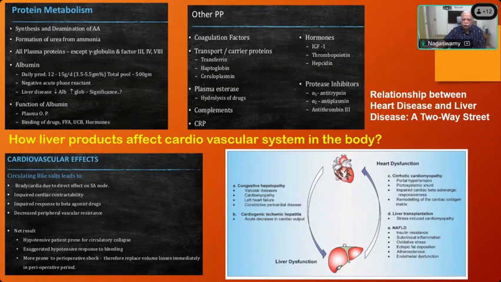Whereas if a patient has primary cardiac dysfunction, then cardiac hepatopathy can happen in valvular diseases, cardiomyopathy, left ventricular failure, constrictive pericarditis, and also cardiogenic ischemic hepatitis. These things will affect the liver function. So both are interconnected: liver disease can affect the heart function, and similarly, heart disease can affect the liver function.